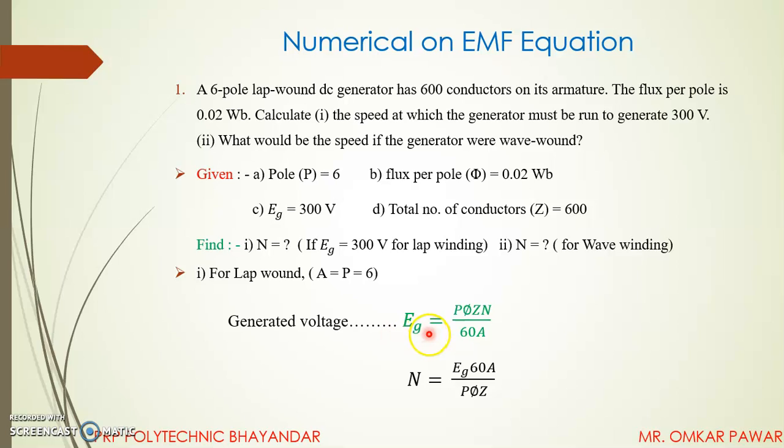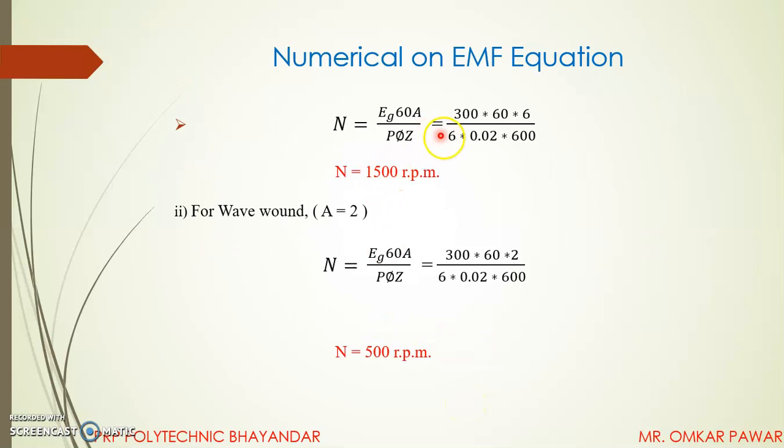So the generated voltage is Eg equal to PphiZn divided by 60A. We rearrange the formula to calculate n. So n is equal to Eg into 60A divided by P phi Z. By putting the values, Eg is equal to 300, A is equal to 6, P is equal to 6, phi is 0.02, number of conductors is 600. So we will get 1500 rpm.